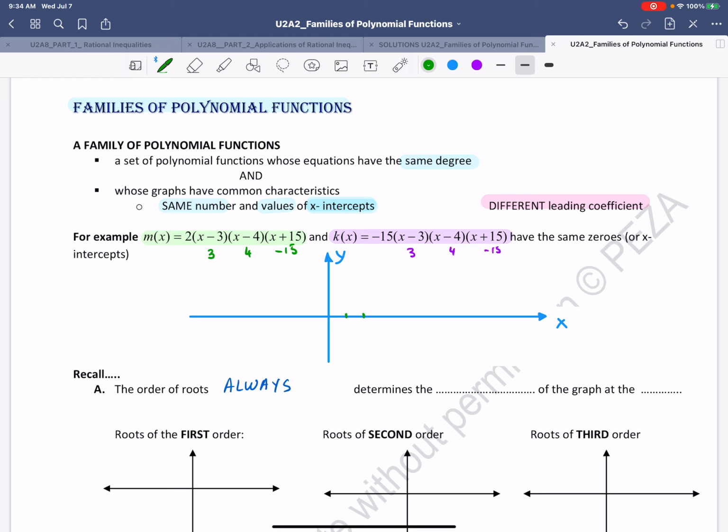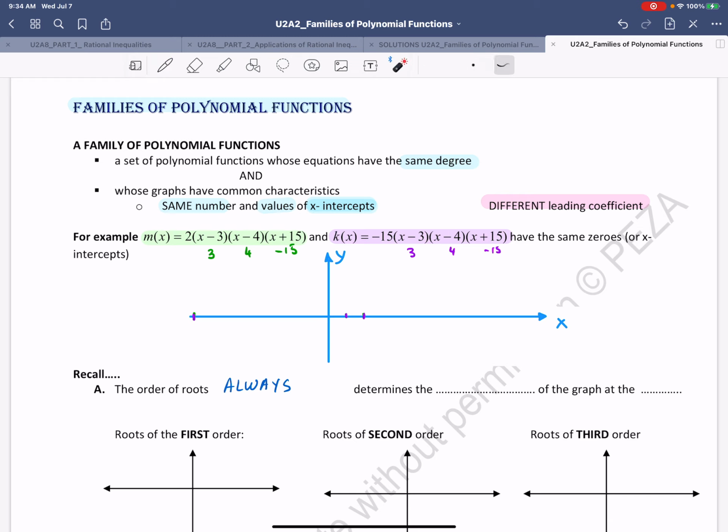Let's say 3, this is 4, and this is negative 15. Okay, so the scaling is a little bit off in here, but we are just trying to sketch the graphs to get an idea what they look like and what connection they have. And the same thing will be for the function k of x.